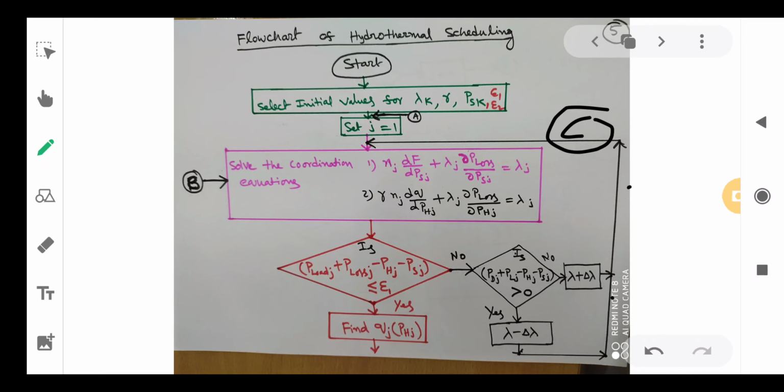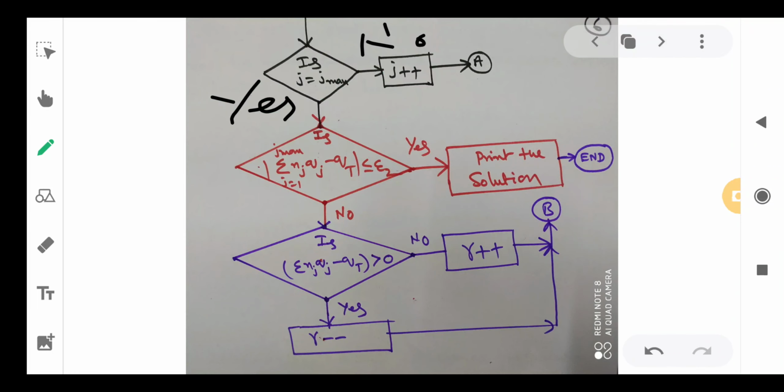In fact, here also point A must be coming here. So let us go to A and compute the equations. Check if sigma Nj into qj minus qt is less than or equal to epsilon 2.